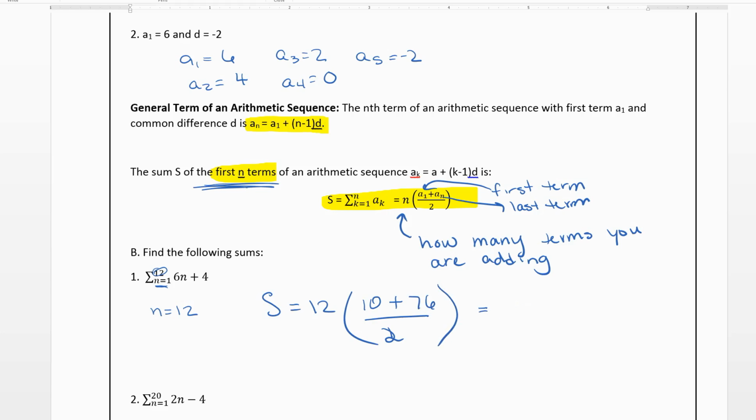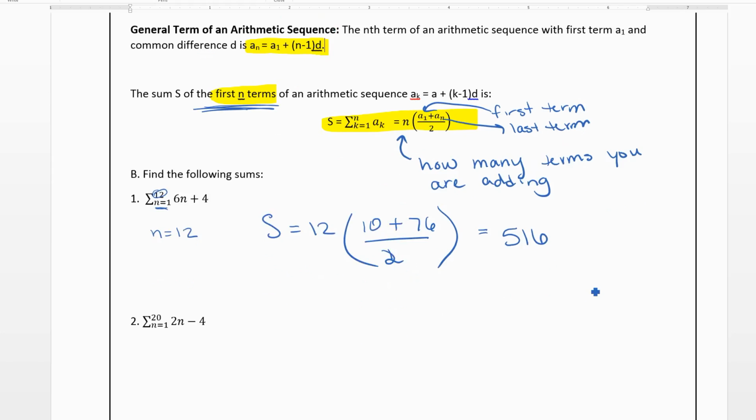So this will be 12 times 86 over 2. Which gives us 516, which is obviously much quicker than putting 1 in there, then putting 2 in there, then putting 3 in there, and adding them all up.